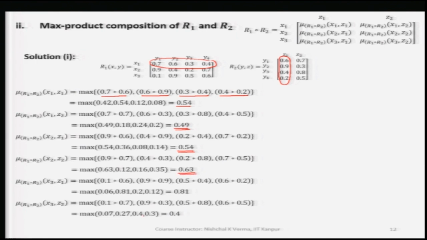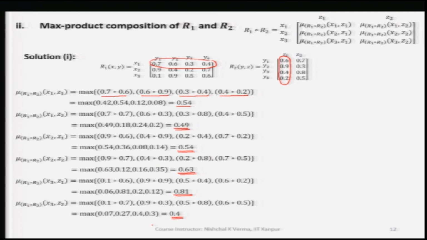The third row of R1 and the first column of R2 will result in 0.81. And finally, the third row of R1 and the second column of R2 will give us 0.4.